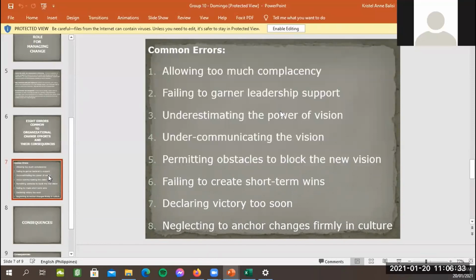So, number 5. Permitting obstacle to block the new vision.